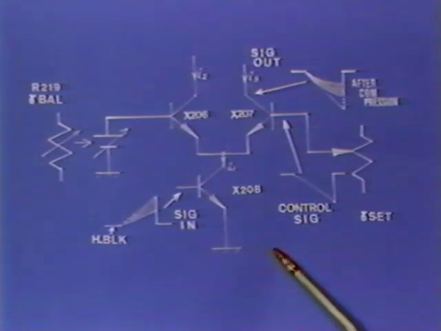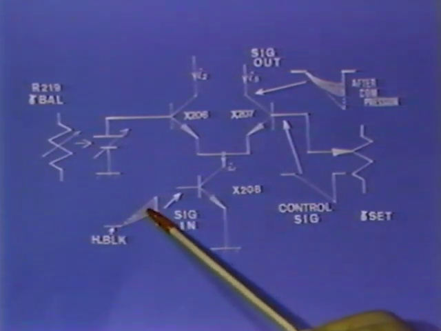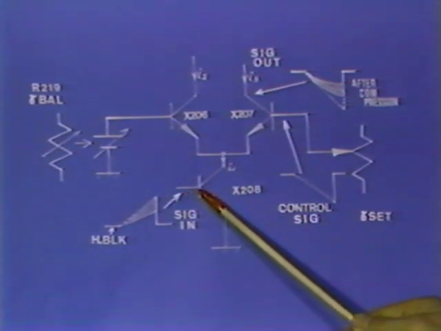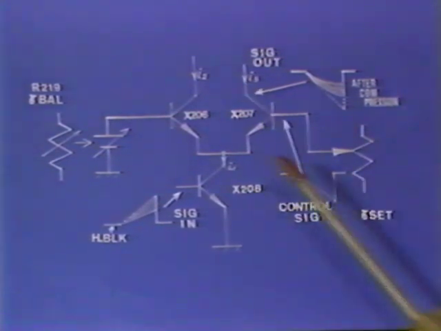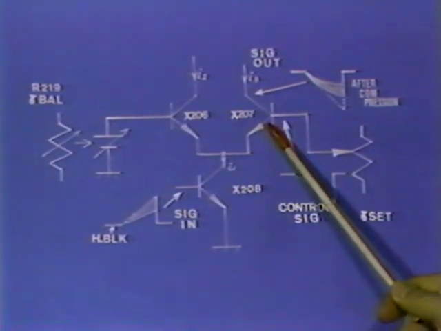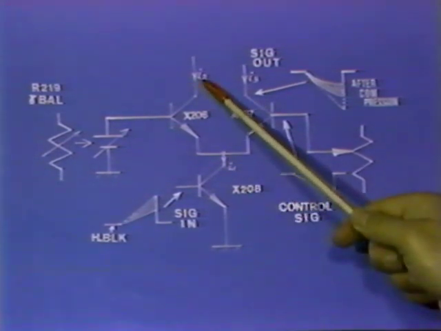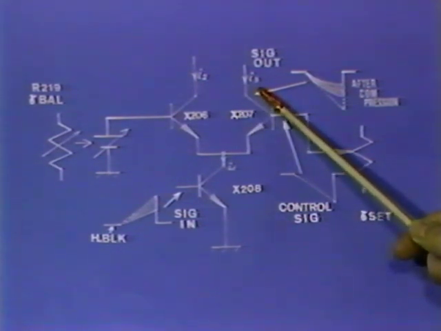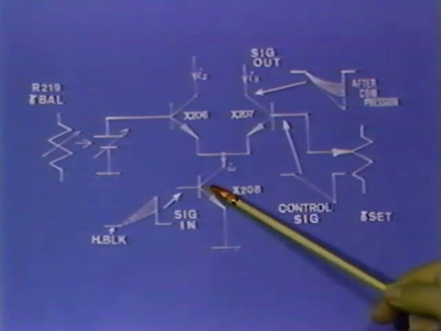This figure shows the basic operation of the peak compressor. The multiplex signal is applied to the X208 base and made an output through X207. X206 and X207 make up a differential amplifier so that the sum of the current I2 of X206 and I3 of the X207 remains always I1.